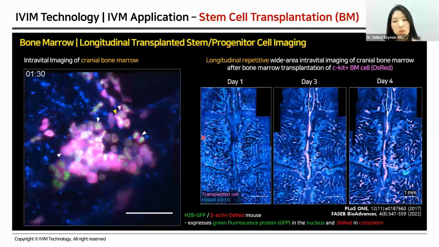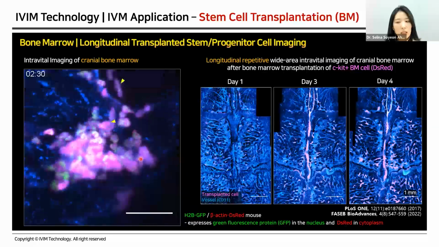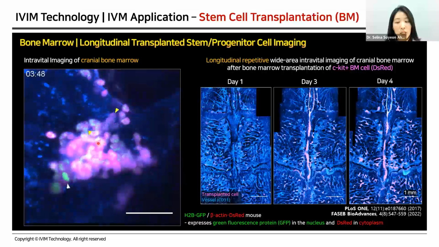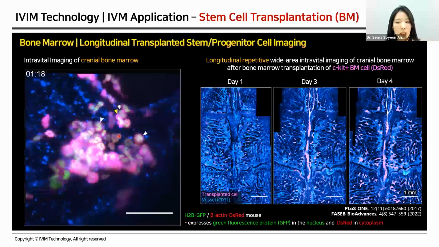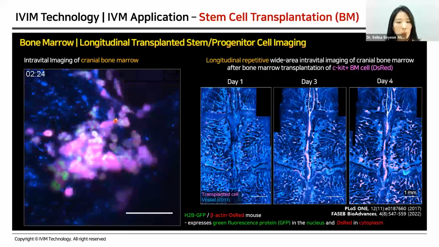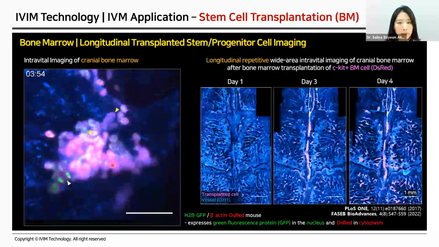Also, we can visualize and analyze cell division and migration efficiency of the transplanted hematopoietic stem cells in the cell cluster in a quantitative manner.